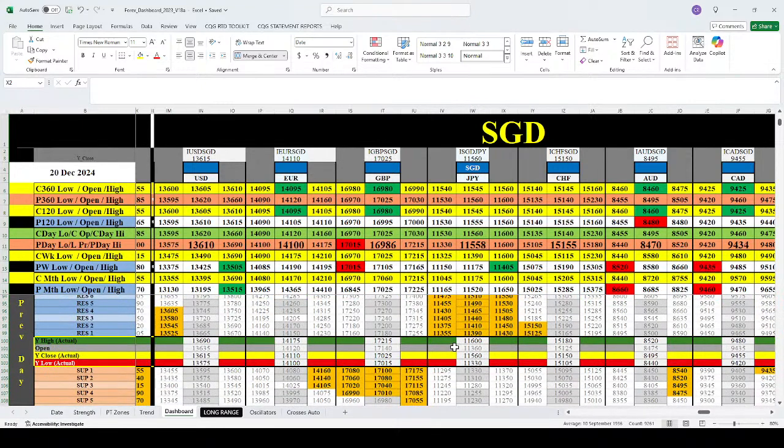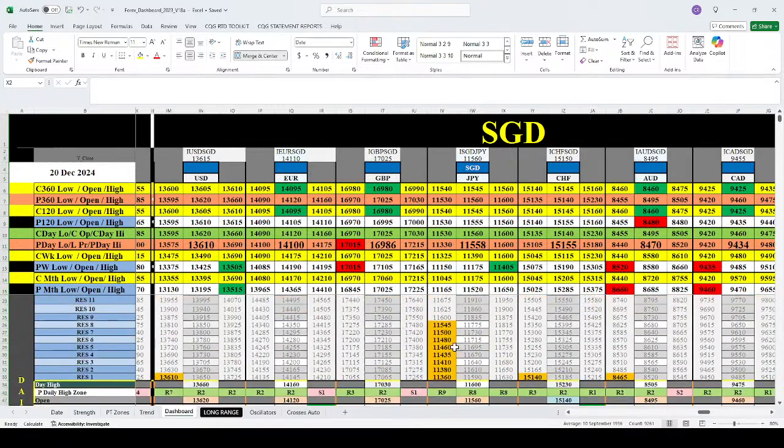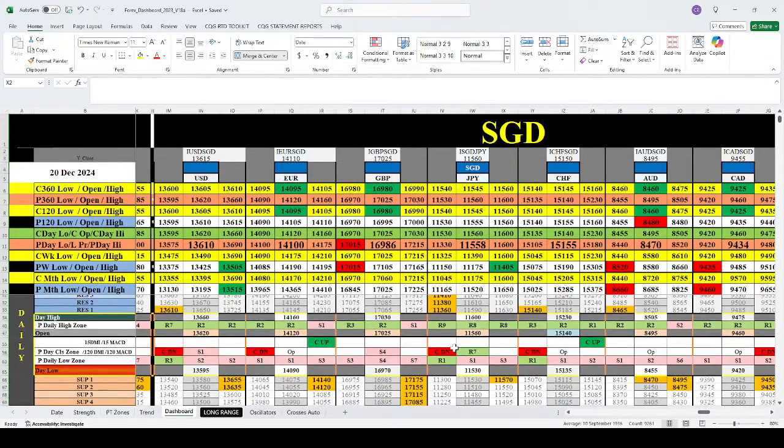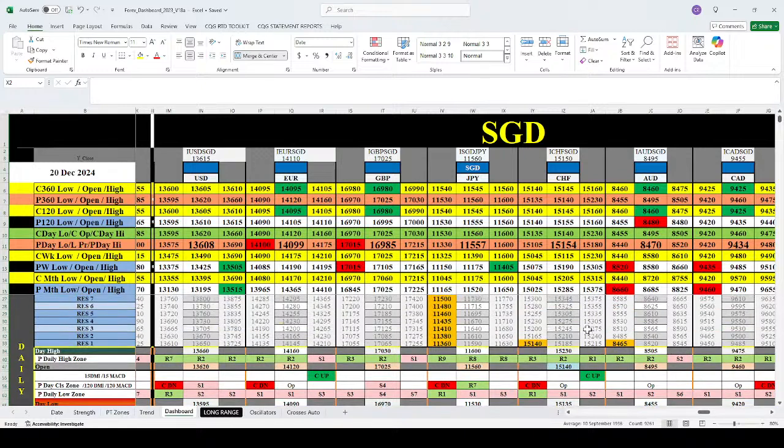Okay, pound Sing has already turned down. Euro Sing is showing weakness. 1, 2. Sing Yen is showing strength. 3. Swiss Sing is showing today's high higher than yesterday's high and is coming off.